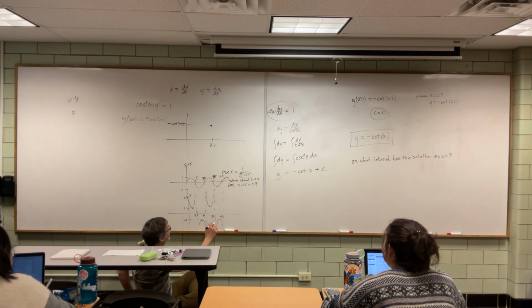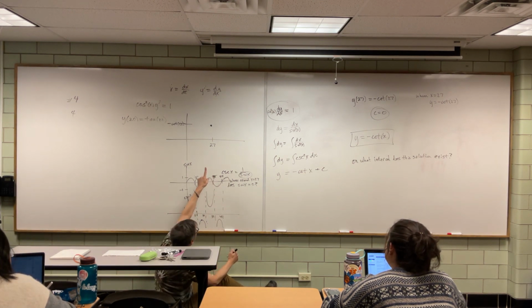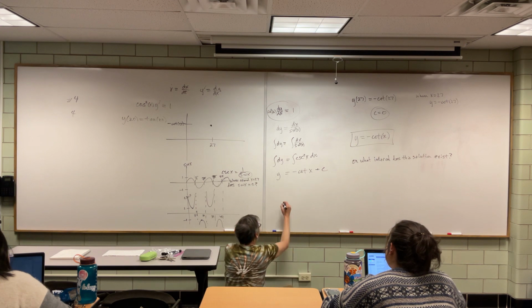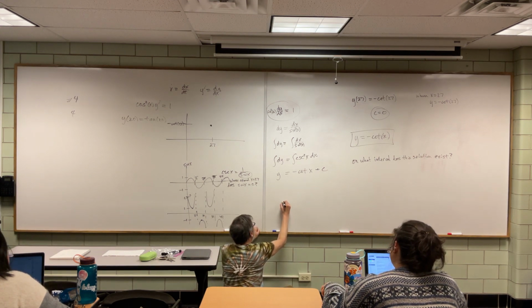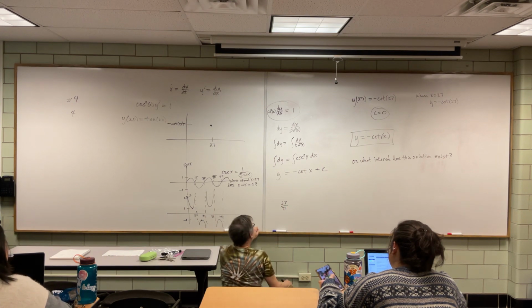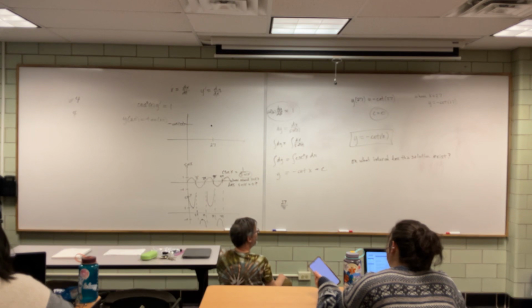So somewhere out here I'm at 27. x is 27, and I just have to figure out what multiple of pi I'm between. I might need some calculator friends to help me out. I'm going to divide 27 by pi. If I was doing the original problem, I'd probably divide by pi over 2.